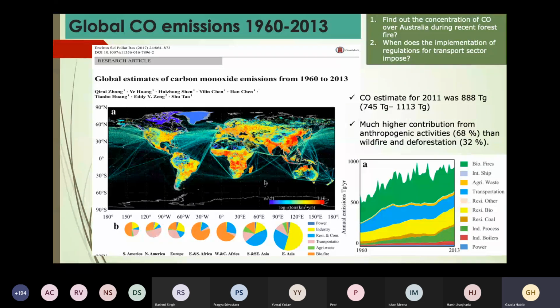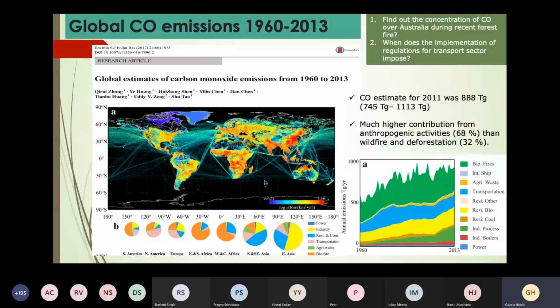CO concentration is very high over India, China, Southeast Asia and East Asia, and some part of Africa. Even the northern part of Australia is showing high CO. Because it is related to combustion, this says that there is anthropogenic activity in these areas where high CO is observed.